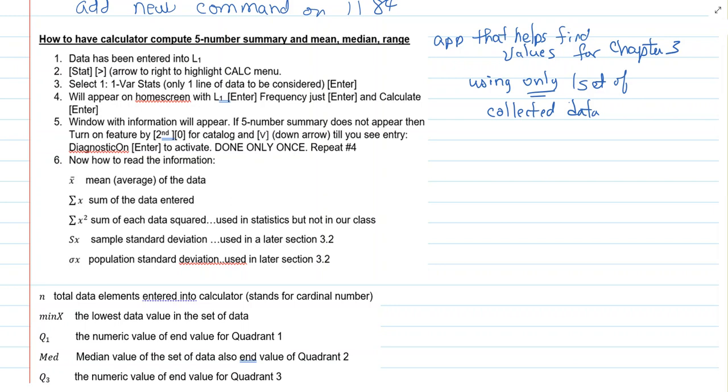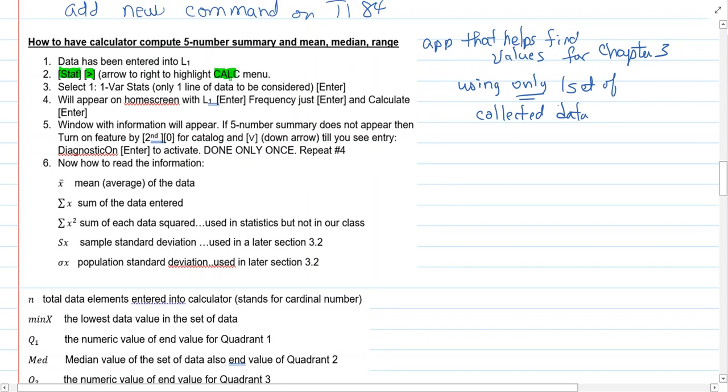Then we press green, stat, arrow over on that top menu, and highlight calc, C-A-L-C for calculator. Select one variable stat by using the enter key. It will appear on the home screen with line 1, enter, frequency just enter, and calculate is another enter.